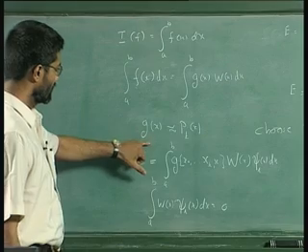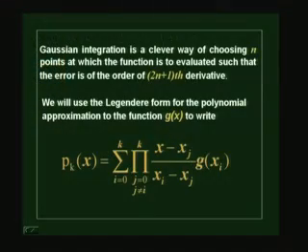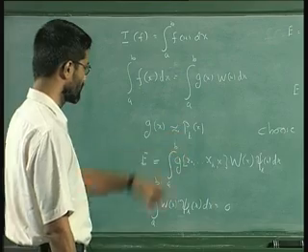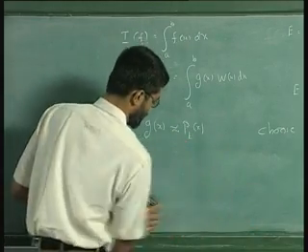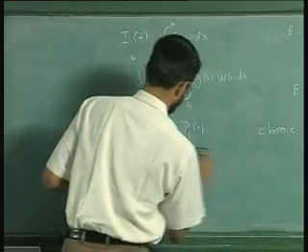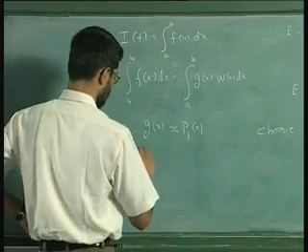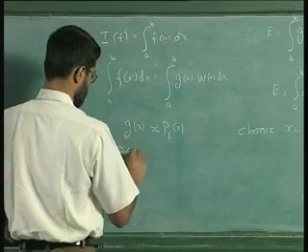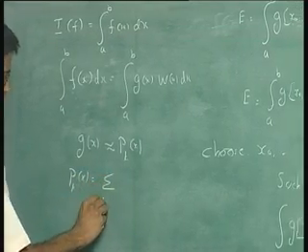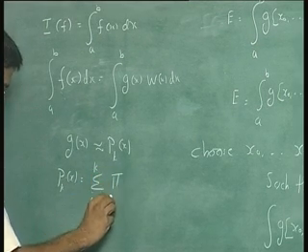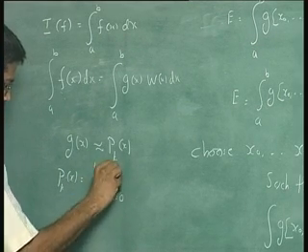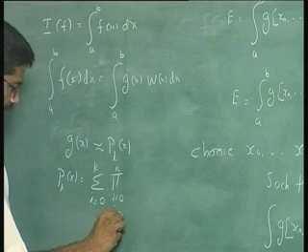Okay. So, we will write pk of x in the Lagrange form. We are having this approximation of g of x by pk of x, and we will not write it in the Newton form, but instead we would write this pk of x in the Lagrange form, that is sum i going from 0 to k, and product j going from 0 to k, and j is not equal to i.